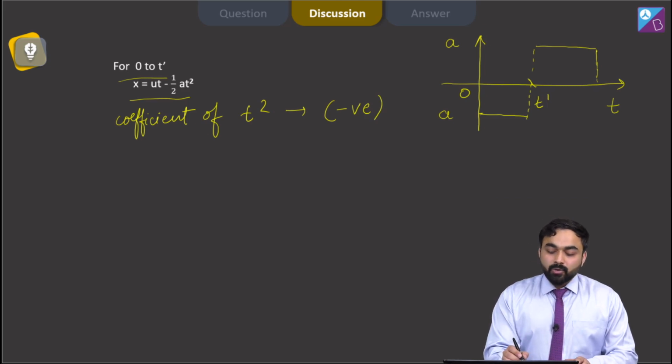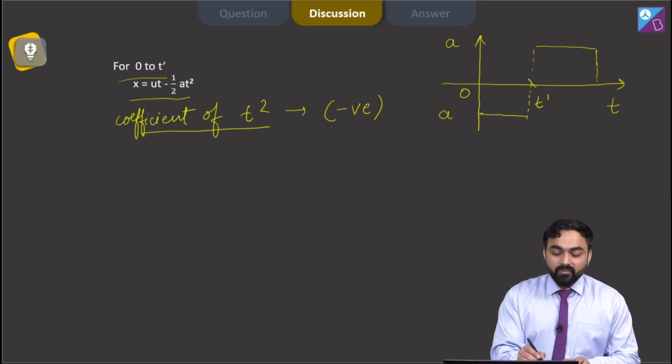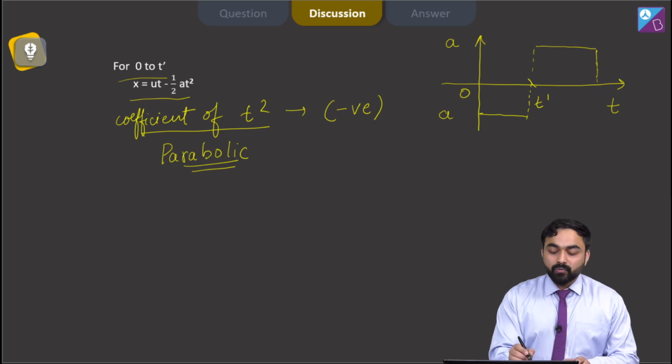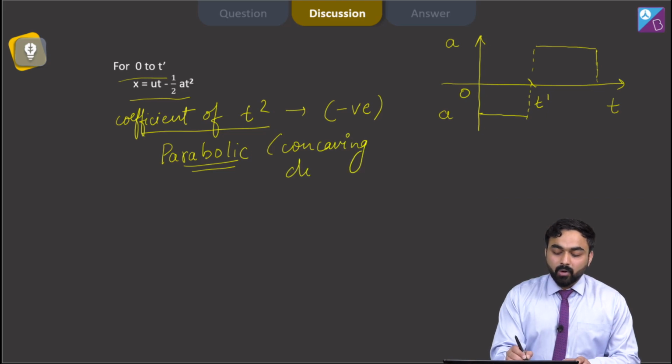Okay. So coefficient of t square is negative. From this equation I can say that the graph will be parabolic, and because coefficient of t square is negative, it will be concaving downwards.